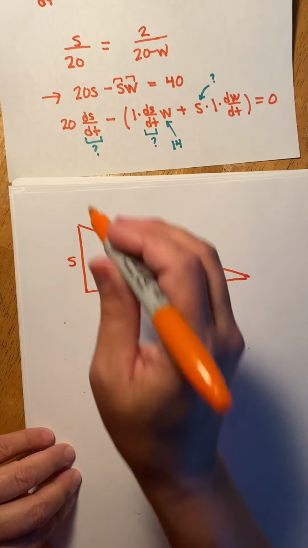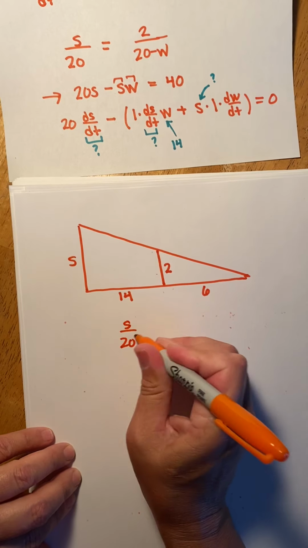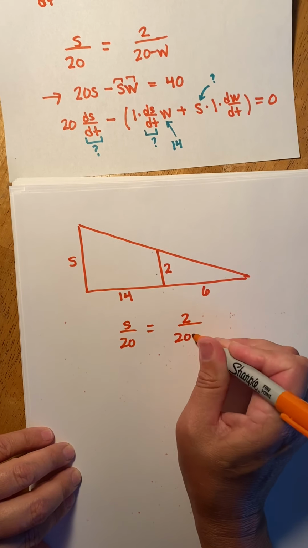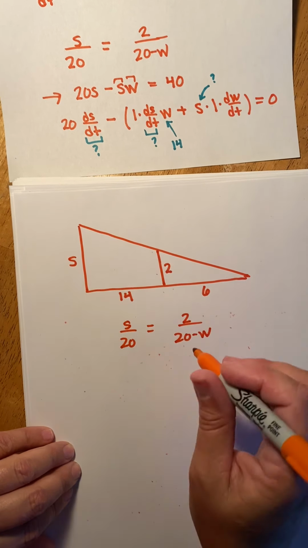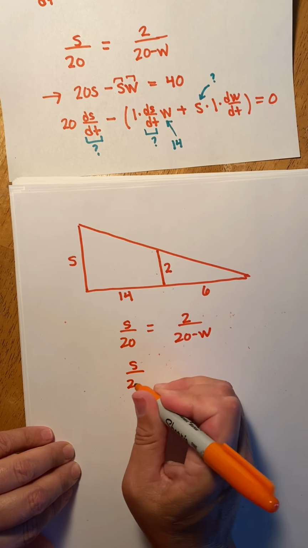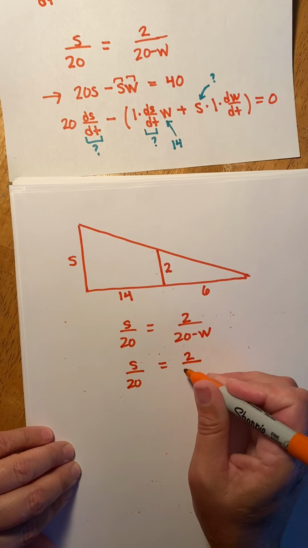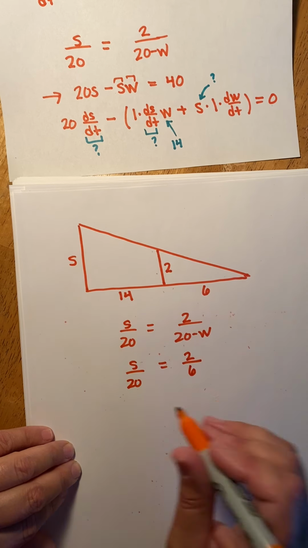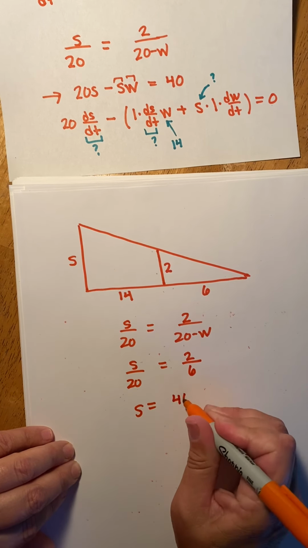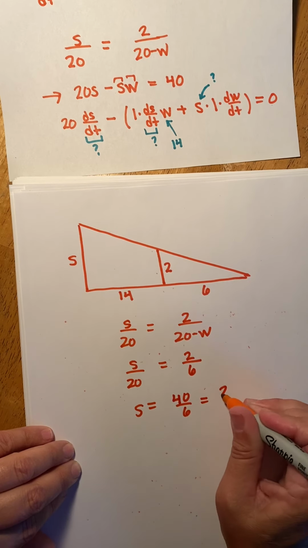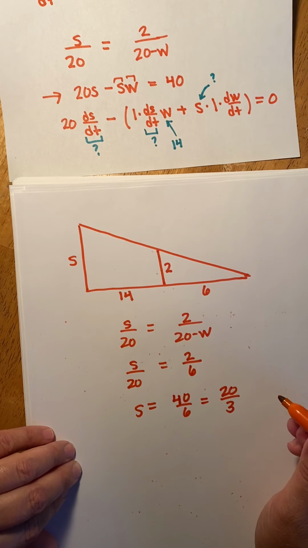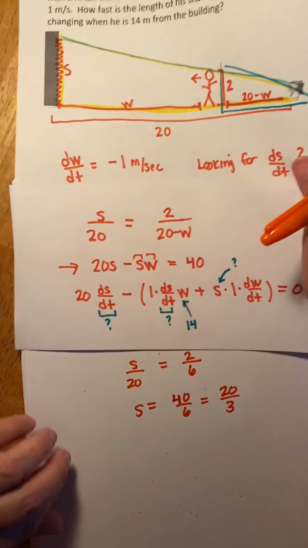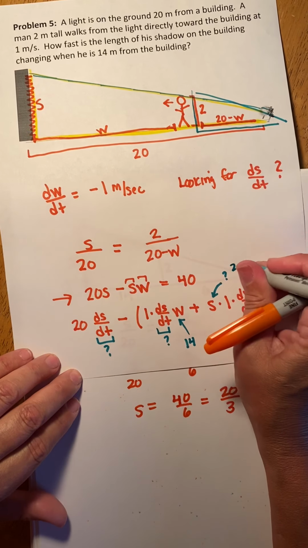Let's go back to S over 20 is equal to 2 over 20 minus W. W is 14, so S over 20 is equal to 2 over 6. So S is equal to 40 over 6, or 20 over 3.